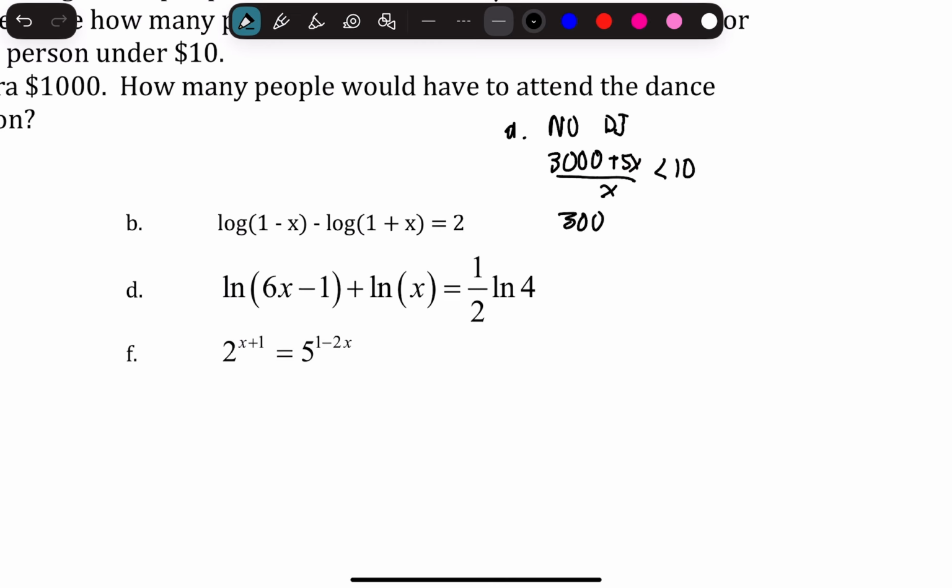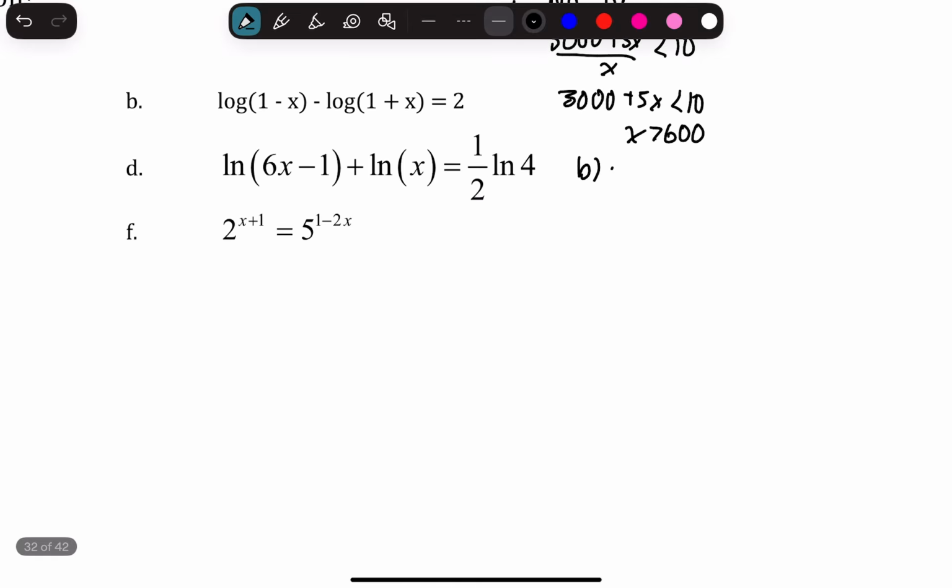So then we're going to have 3,000 plus 5x is less than 10x. x is going to be greater than 600. B, with the DJ. Well, you're going to have 4,000 plus 5x divided by x is less than 10. x is going to be greater than 800.